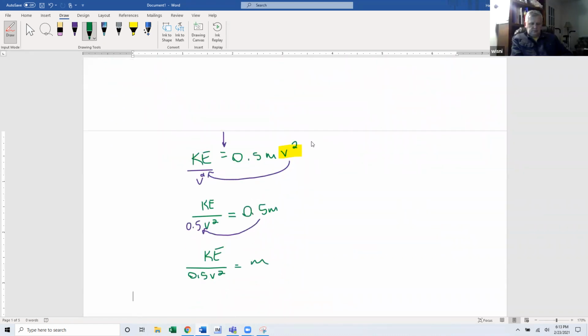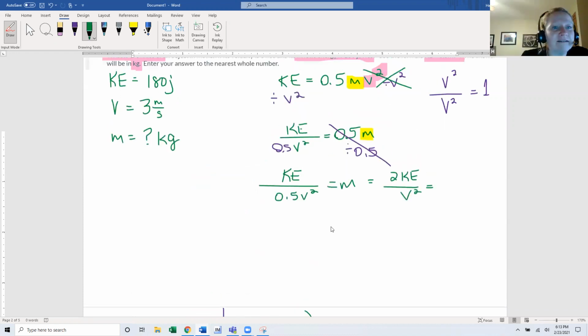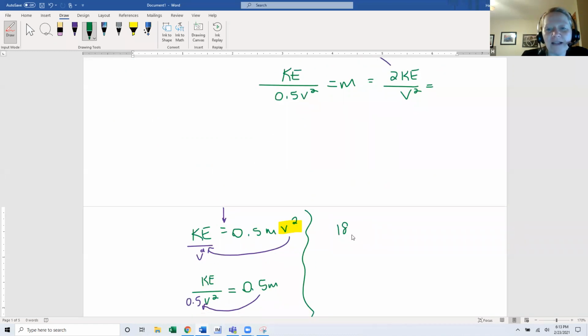Another thing that sometimes helps students with this kind of problem, if you struggle at all with the algebra, is to plug in your known values. So if we started out with KE equals 0.5 MV squared, this might help you, Juan. We would plug in our numbers right away. KE is 180 joules. So I would have 180 joules equal to 0.5, and then my M comes next, but it doesn't have to.